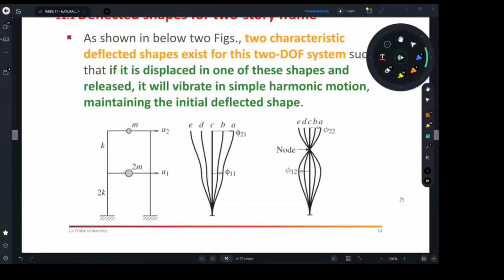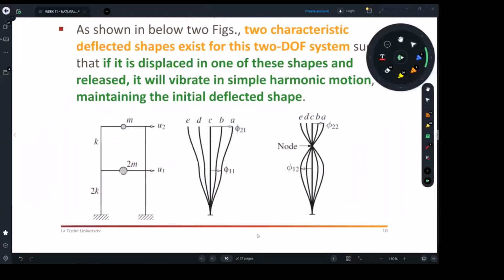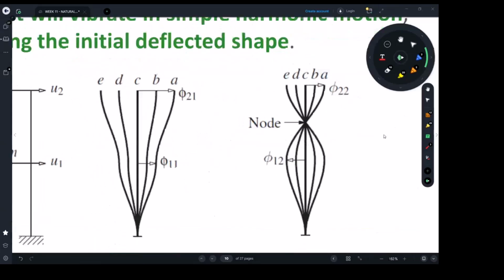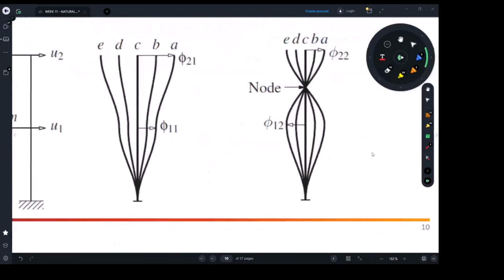Now let me ask you quick questions. Which one do you think is the first mode, the one on the left or the one on the right?